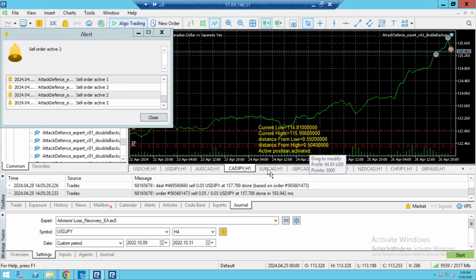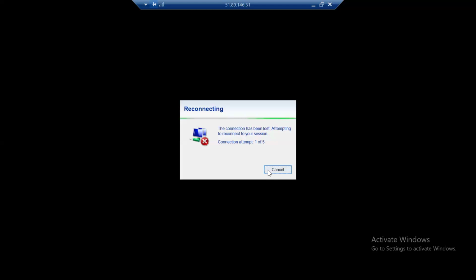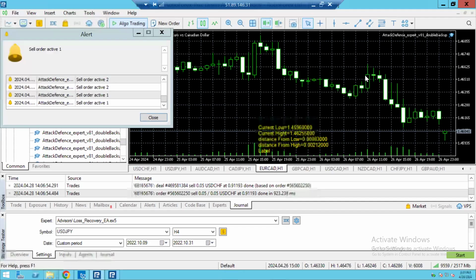So let's take some other examples. Let's look at more examples. This is EURCAD. As you can see, the 1 hour time frame on your screen.